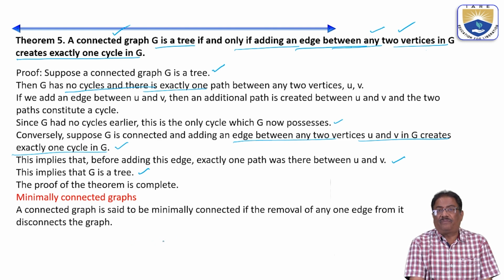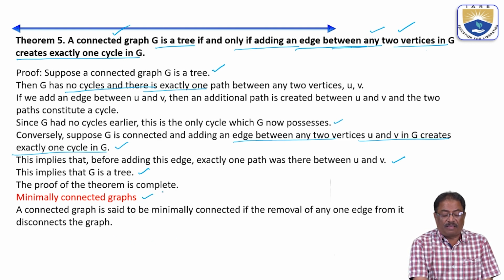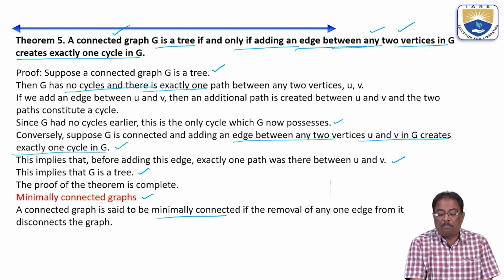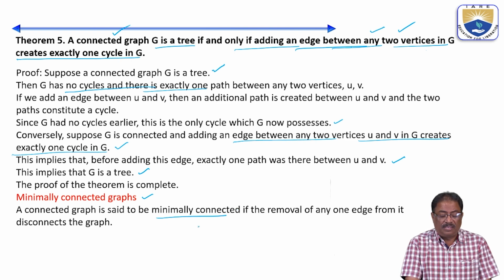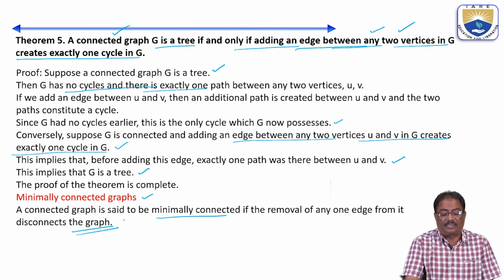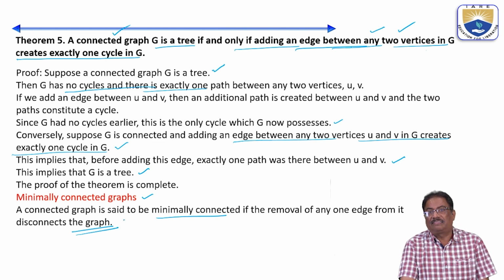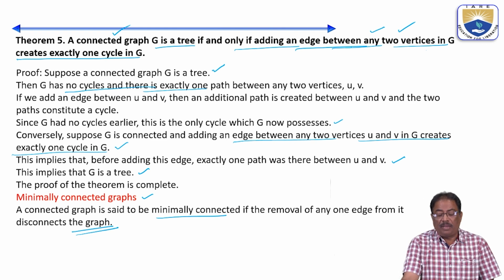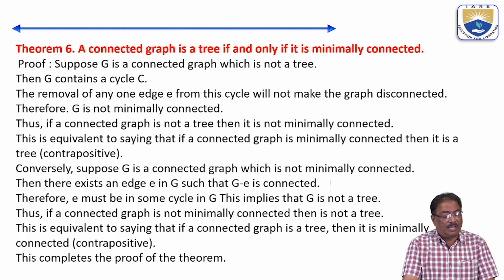Now, another definition, minimally connected graphs. A connected graph is said to be minimally connected if the removal of any edge from it makes the graph disconnected. Then it is known as a minimally connected graph.